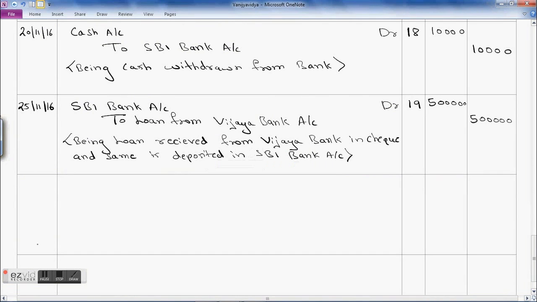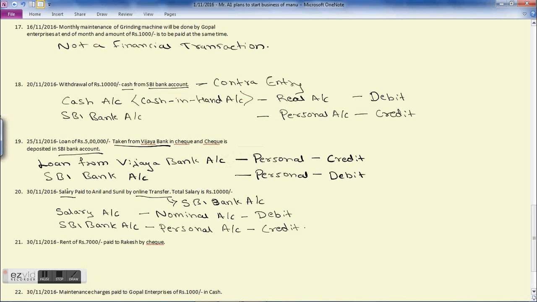30th 11. Okay, now what is a journal entry? Salary account debit to SBI account 10,000.